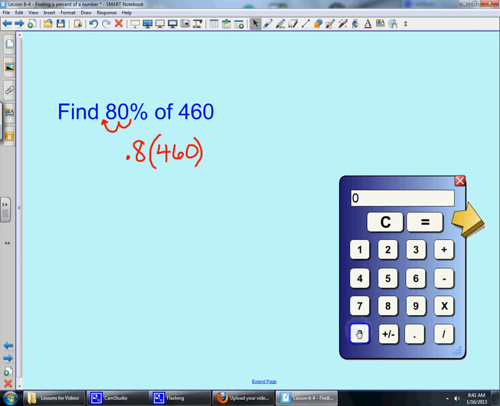So on your calculator, 0.8 times 460, and that equals 368. Notice how this answer is not really close, but it's closer to 460 than it is to 0 because we're taking 80% of it, which is almost 100%.